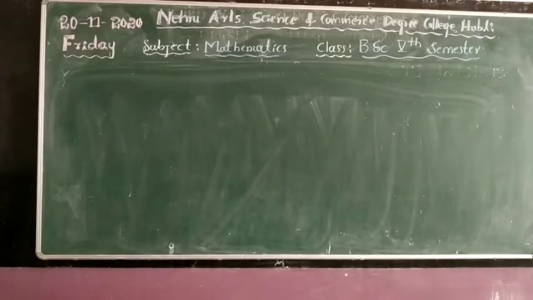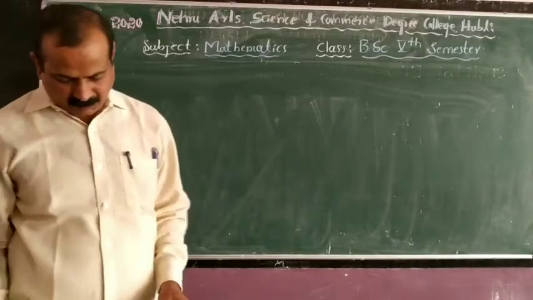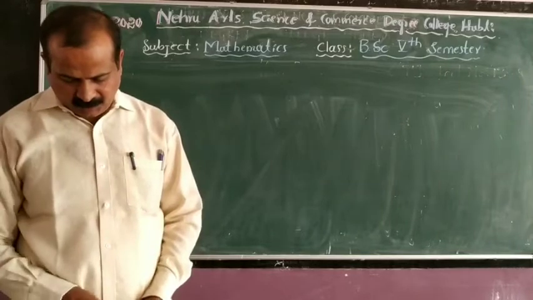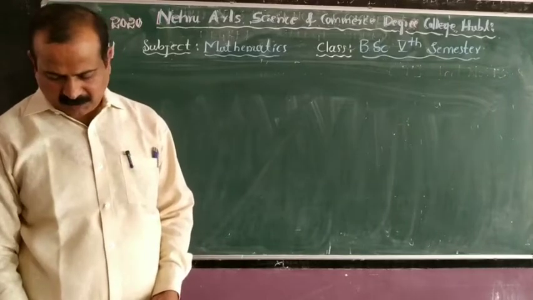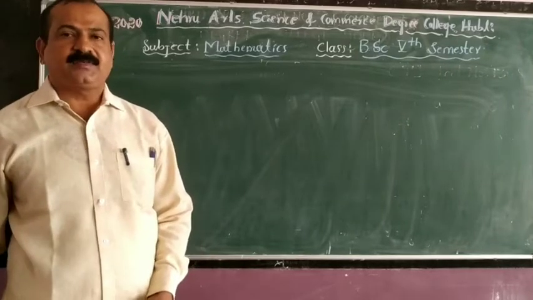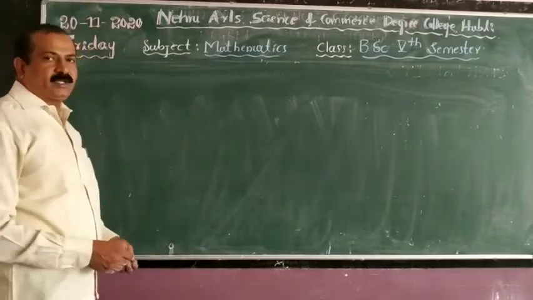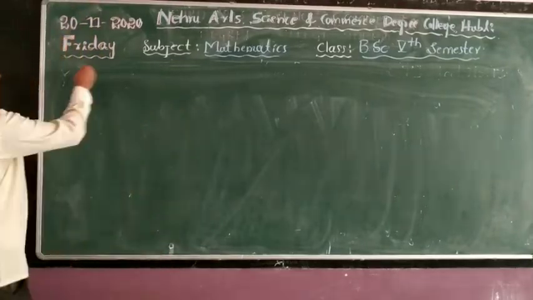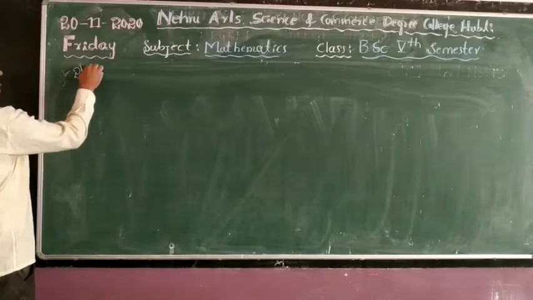Okay friends, after the first example, let us move towards the second example of the convolution theorem. Again the question remains the same: verify the convolution theorem. Second example, verify convolution theorem.